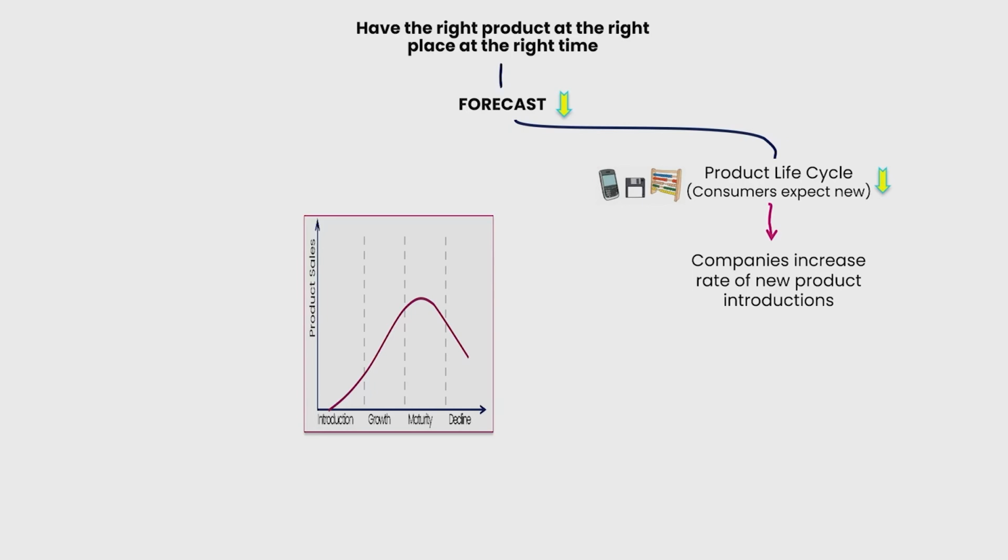But again, there is a feedback loop, because as we introduce faster and more frequent new products, what effect does it have on the product life cycle? It reduces it. And again, we have a feedback loop. The feedback loops are important to understand, so you understand why it will not go away. This phenomena is here to stay.